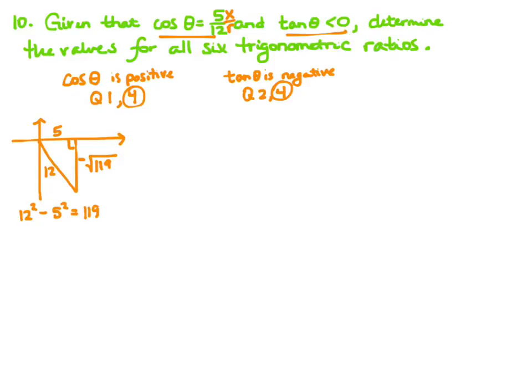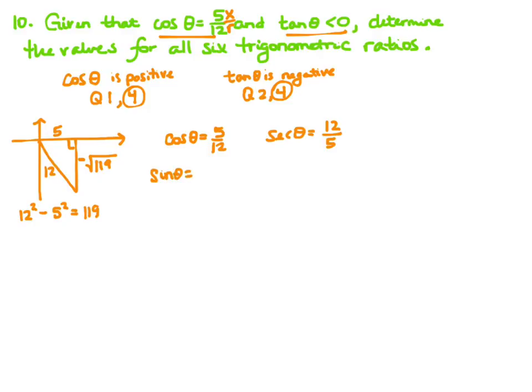So now we have everything that we need to write our 6 trig functions. I'll start off with cosine theta, which is the one we knew, 5/12. Secant theta is going to be the reciprocal of cosine, r over x, which would be 12/5.